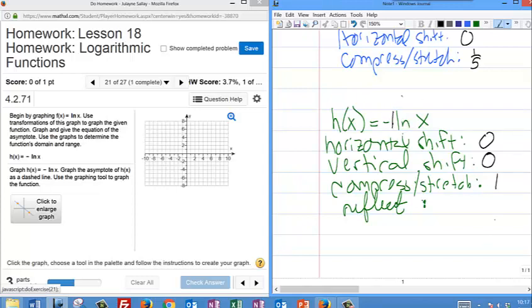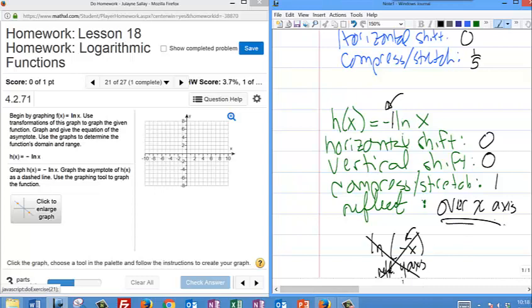But because there's a negative here, that's going to reflect. Because the negative is out in front of the logarithm function, it's reflecting over the x-axis. Just as a reminder, if it would have been ln of negative x, this is the one that would have reflected over the y-axis. But that's not the one we're doing, so we want to reflect over the x-axis.